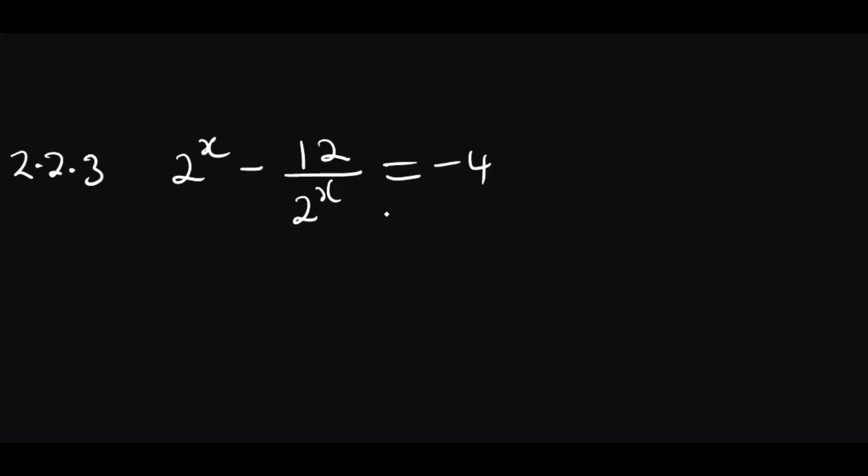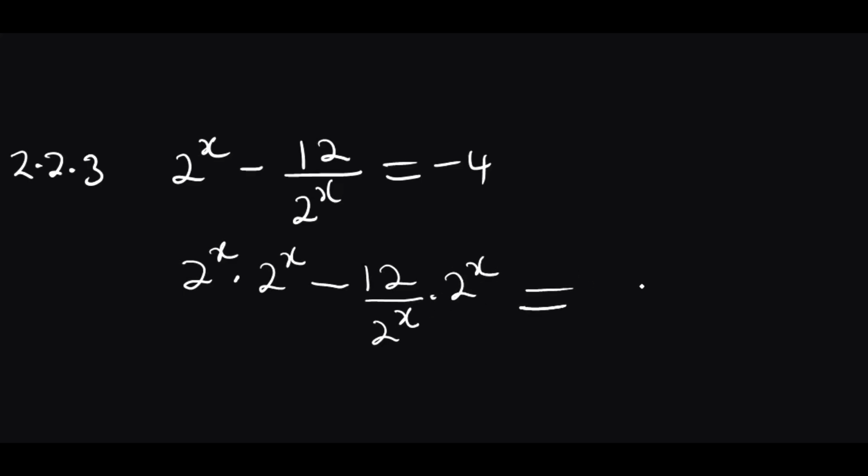The first thing we need to do is to multiply throughout by this 2 to the power x, meaning we will have 2 to the power x times 2 to the power x minus 12 over 2 to the power x times 2 to the power x, which is equal to negative 4 times 2 to the power x. Right.